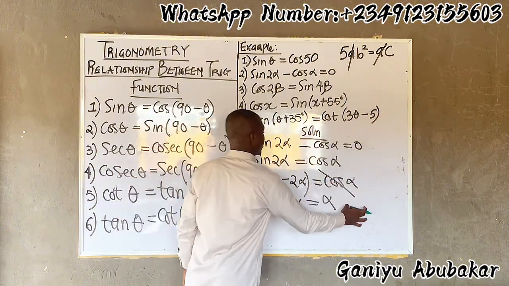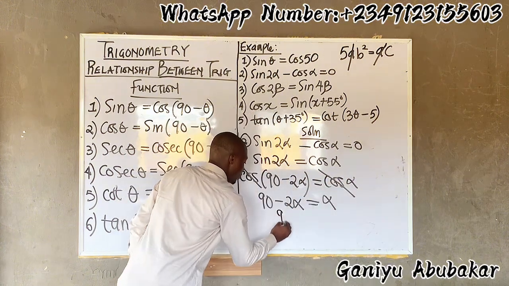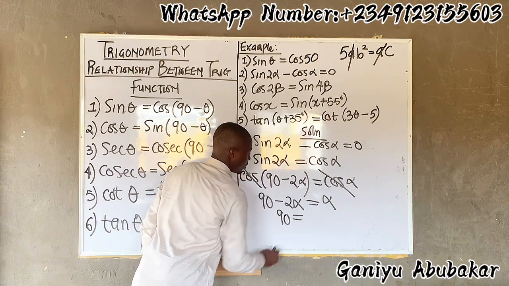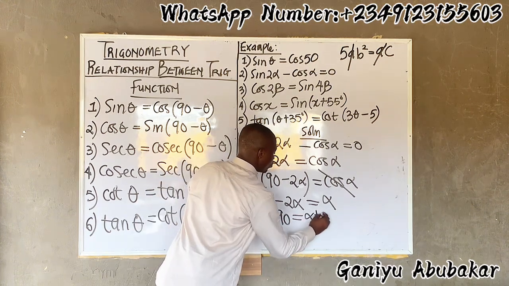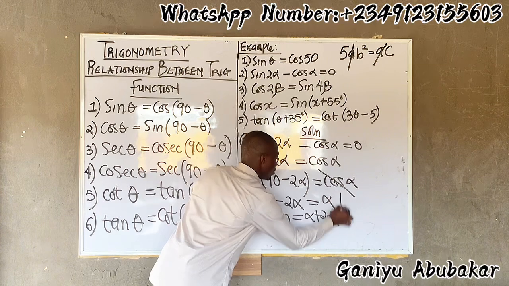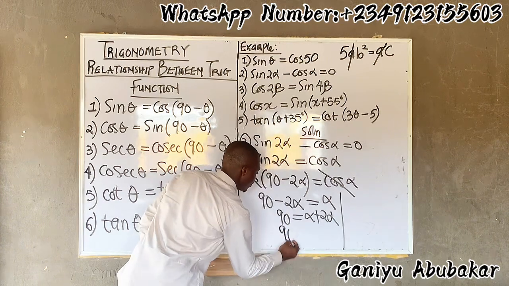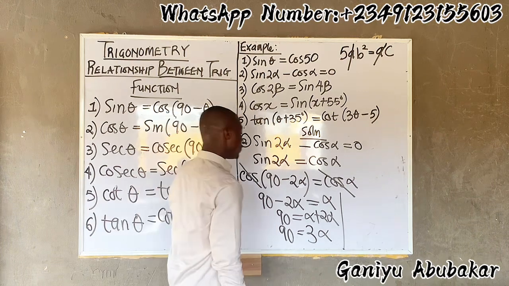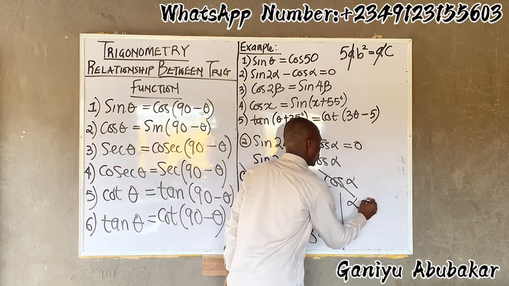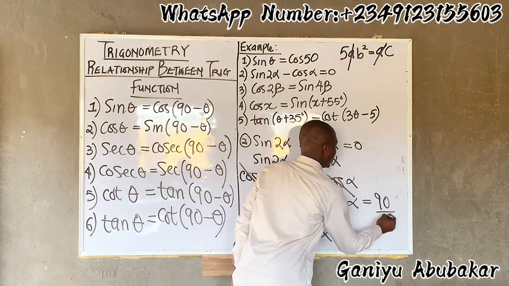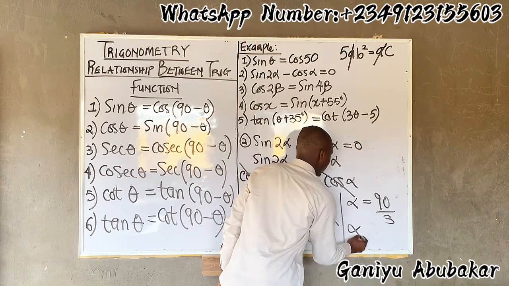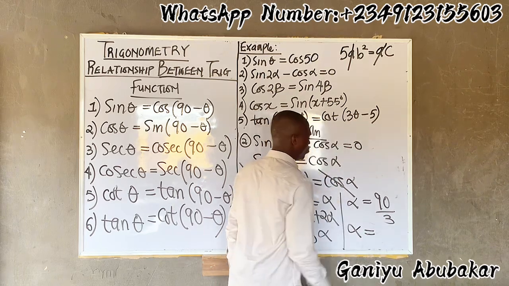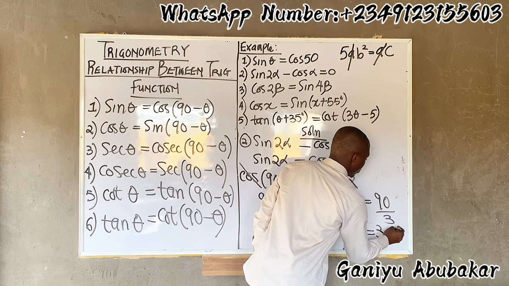Take this one here, I'll have 90 equal to alpha plus 2 alpha. This will give 90 equal to 3 alpha. To get alpha, alpha will be equal to 90 divided by 3. So alpha should be equal to 30 degrees.